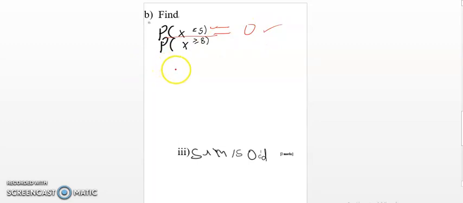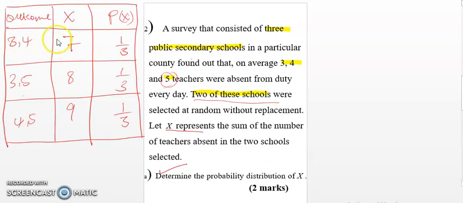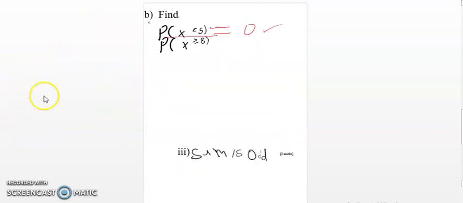The third one, we are to find the probability when x is greater than or equal to 8. It simply means that we are going to take the probability when x is 8 and the probability when x is 9, because it is greater than or equal to 8. So 8 is included and 9 is also included.